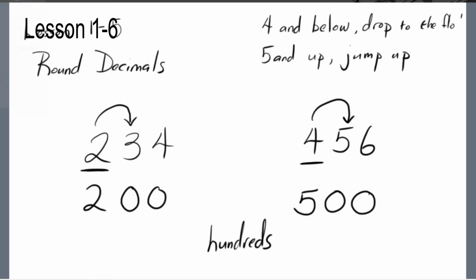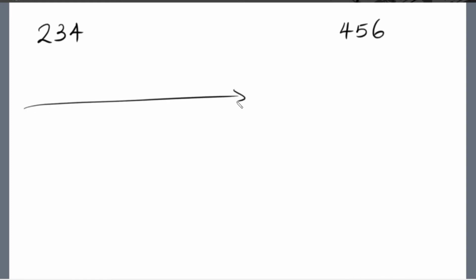Let's go ahead and look at what this looks like on a number line to clear up what we mean by rounding. If we had a number line at 200 to 300, because we want to look at the closest 100. So that'll be either 200 or 300. Now, we have to think to ourselves, where does 234 fall on the number line?